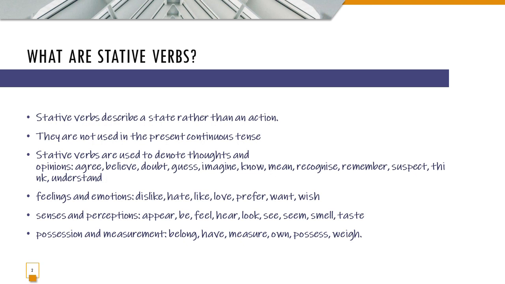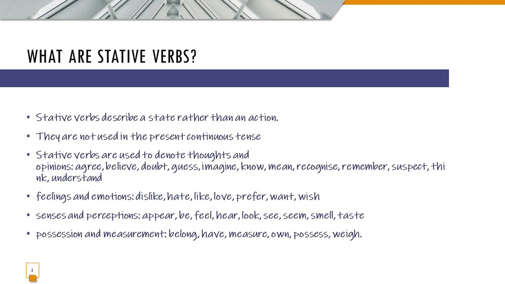Another one is your senses and perceptions. So your stative verbs are also used to denote senses and perceptions, such as appear, this is a perception, be, feel, hear, look, see, seem, smell, taste, etc.